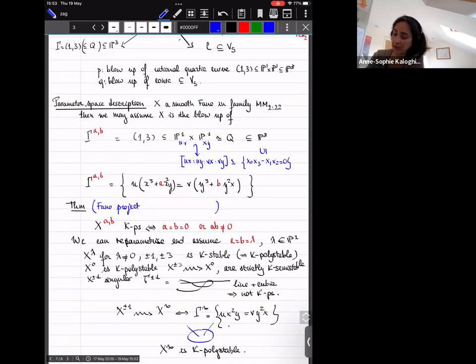So let me just say, this part, for determining K-polystability of X lambda of all the smooth ones, was proved by Cheltsov and Park.